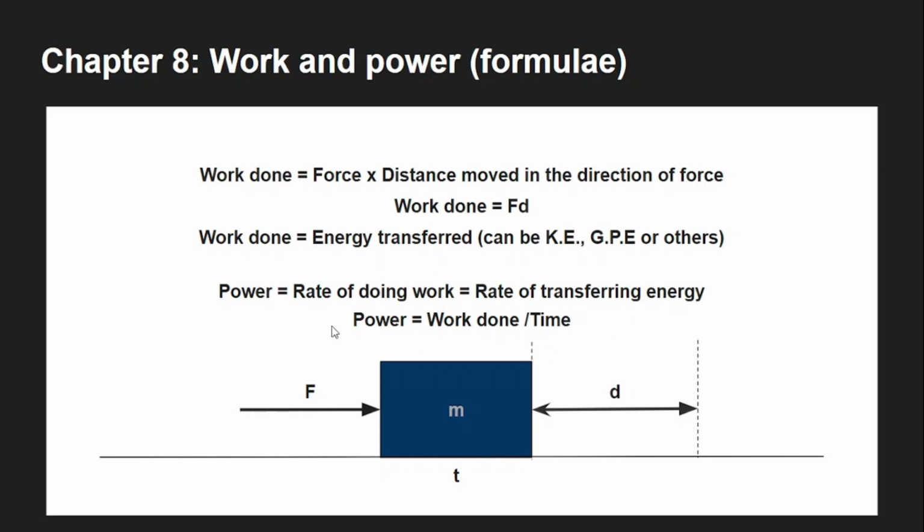We've already had first-hand experience of this when we were looking at past paper questions for the topic of energy, where there is some energy transformation happening, either the kinetic energy is rising or falling, or the gravitational potential energy of an object is rising or falling, and it happens over a period of time. Then you can calculate the rate of transfer of energy, which is also the power, and power is measured in watts. You can also have kilowatts and megawatts for higher units, or microwatts for lower units, but ultimately it's measured in watts.